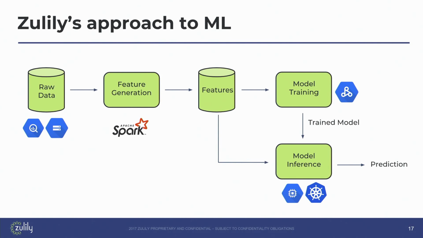So next, I want to go over Zulily's approach to machine learning. So again, around 4 years ago, we wanted to use machine learning to solve a wide variety of problems so we can actually give our customers the best experience possible. And so early on, we invested in workflow automation for machine learning.